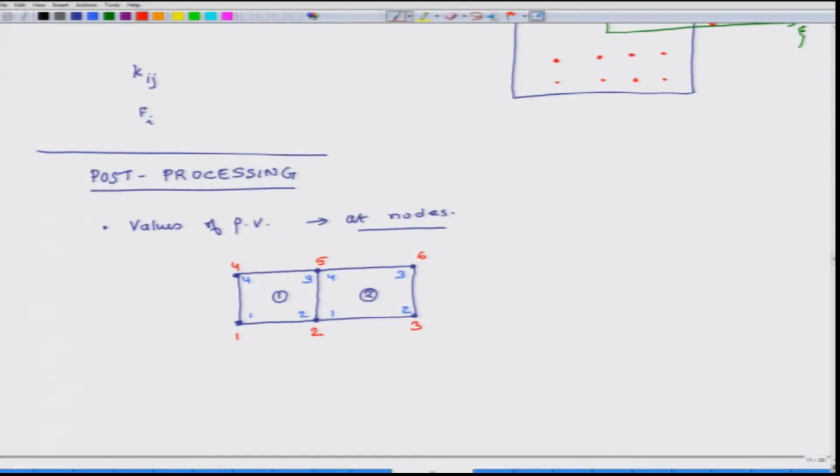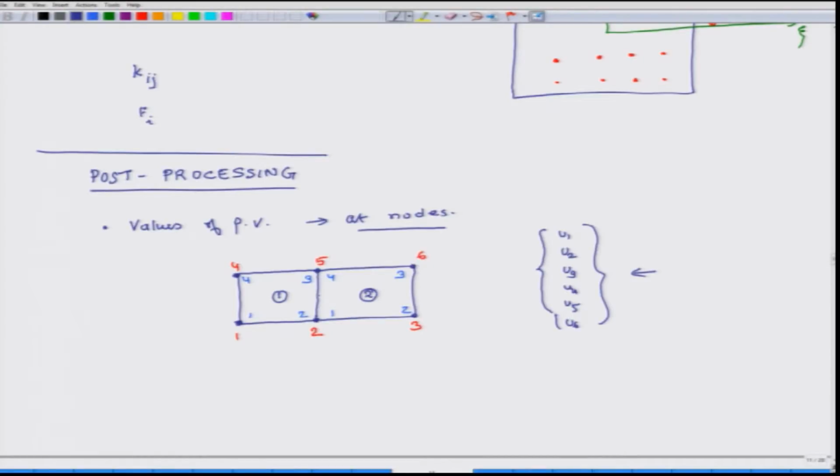When we get the solution of primary variables, what will we get? We will get this entire vector. We will get the solution for all the nodes. Some nodes we may already know in the beginning because of boundary conditions, but once we have done the whole finite element analysis, we will know this vector completely.